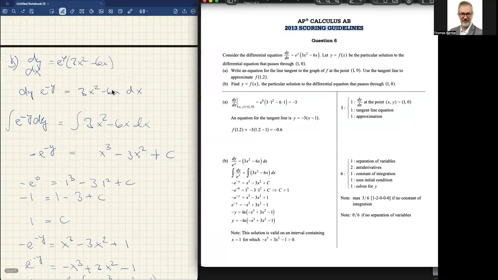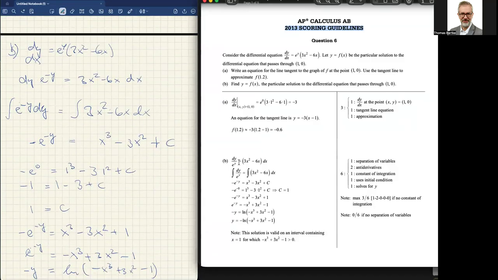And then the second part is separation of variables. Gets us this. Then we find, so this is the separation of variables, finding the antiderivatives.